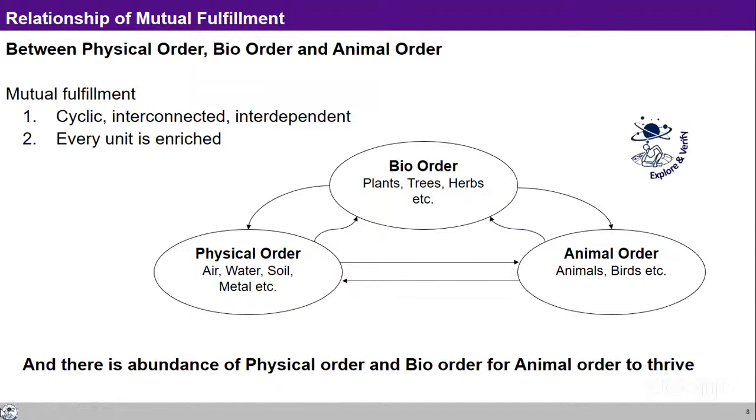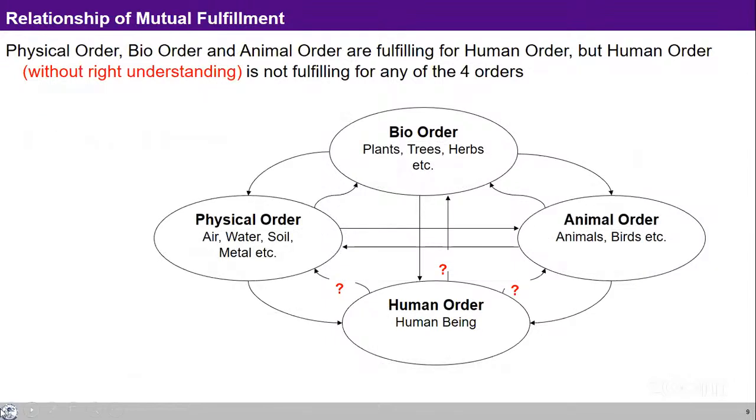And if we go to the next order, the human order, where we all belong, our own order, we need to depend on the physical order for our life. The house where I am living comes under the physical order. The water for my drinking purpose and the food I am taking are from the physical order or from the bio order.